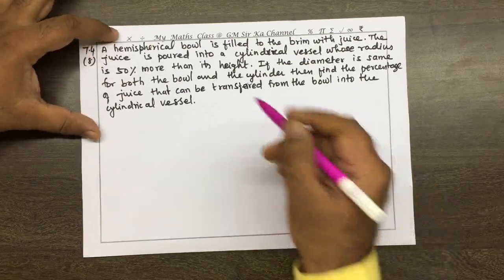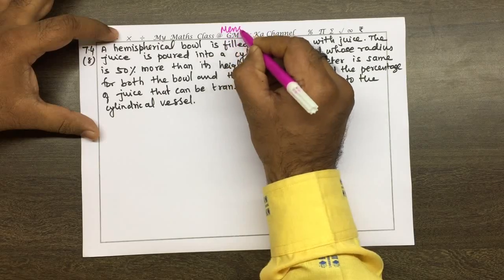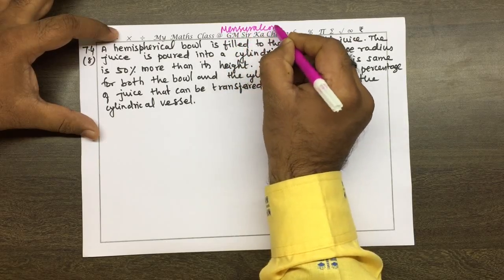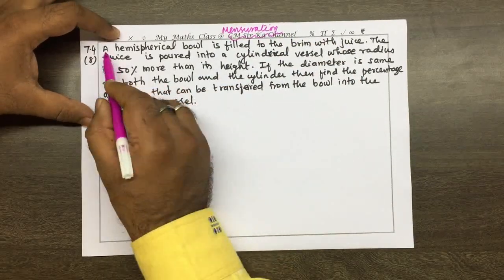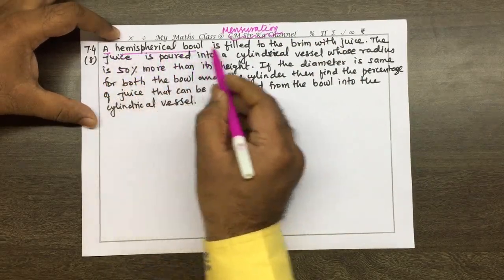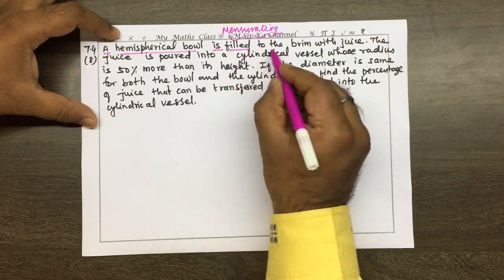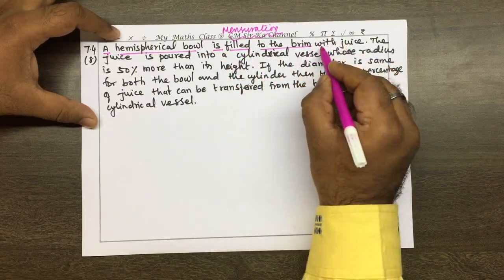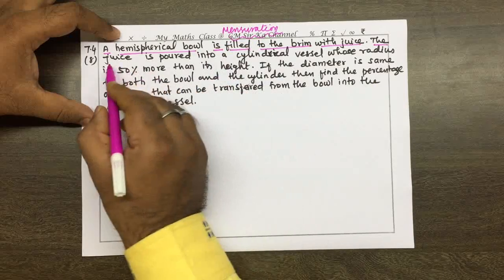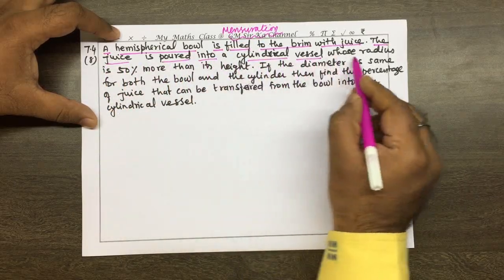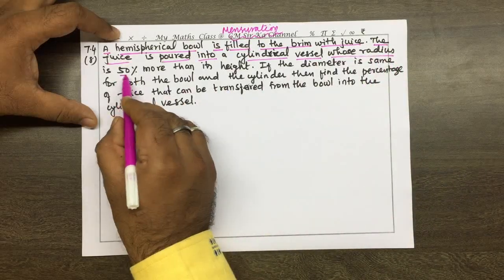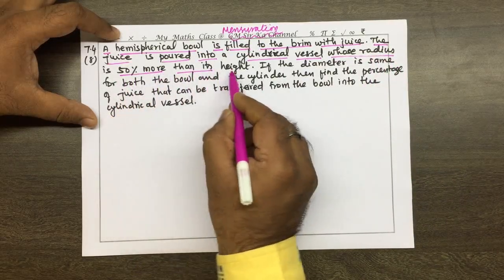You are learning mensuration. We have the problem: a hemispherical bowl is filled to the brim with juice. The juice is poured into a cylindrical vessel whose radius is 50% more than its height.